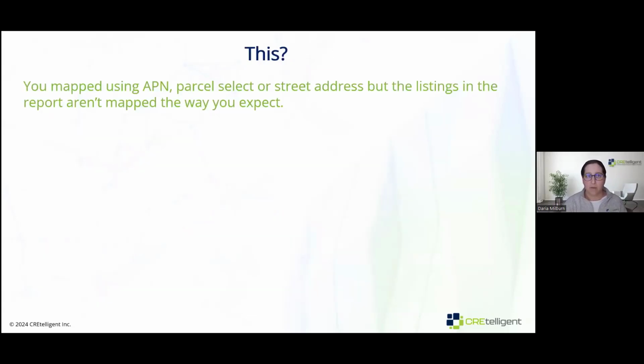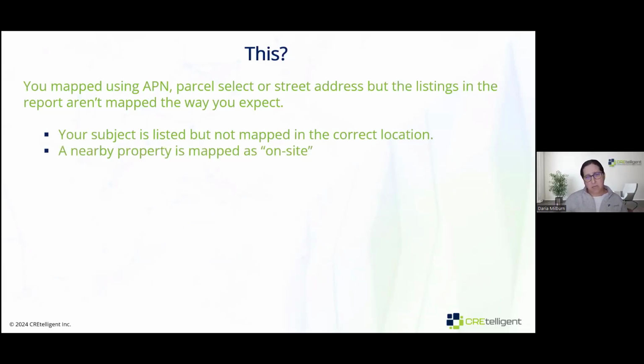Or maybe you've had this. You've mapped using an APN or parcel select or street address, but the listings in the report are not mapped the way you expect them to be mapped. So maybe your subject is listed in the database listings and it's listed as offsite, so it's not mapped in the correct location. Or maybe there's a nearby property that's been listed as on-site.